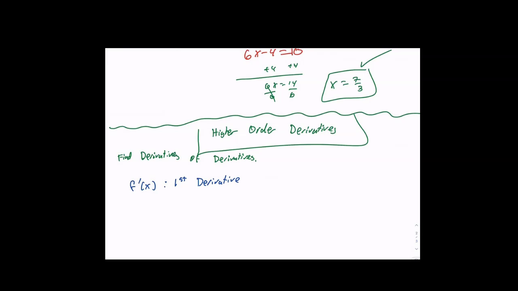The derivative is the first derivative. f double prime of x is the second derivative. It is the derivative of f prime of x, or the derivative of the derivative.